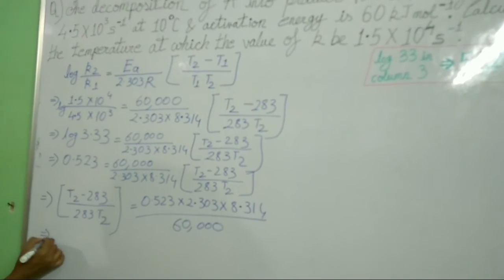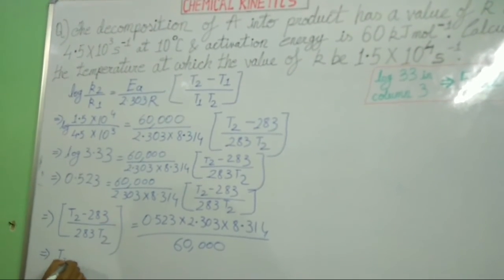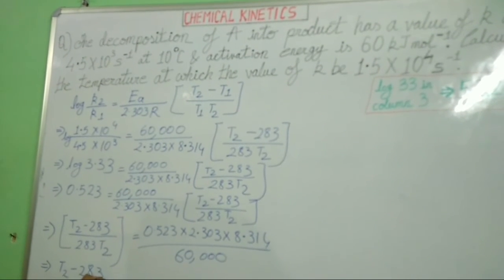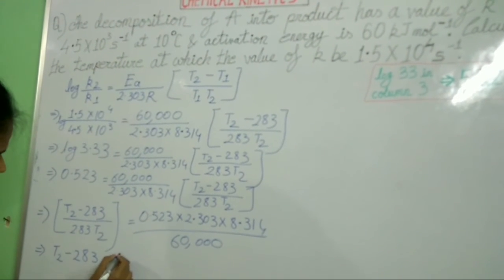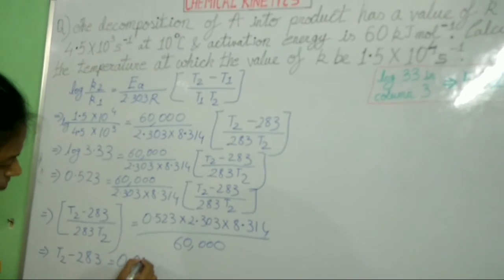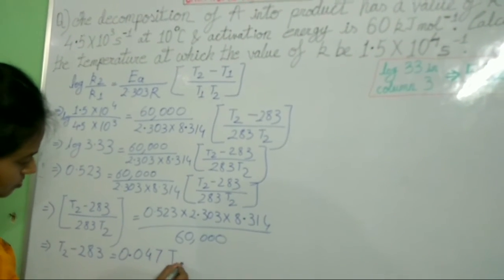Okay, so T2 minus 283 divided by T2, we calculate it, how much we will get? 0.047 T2.